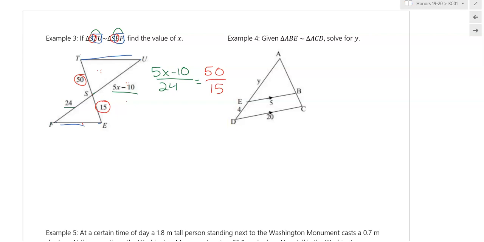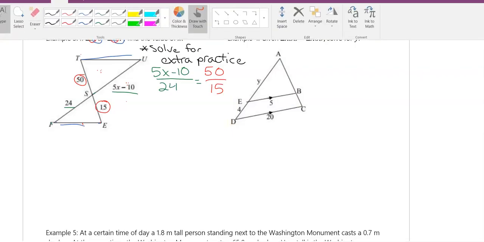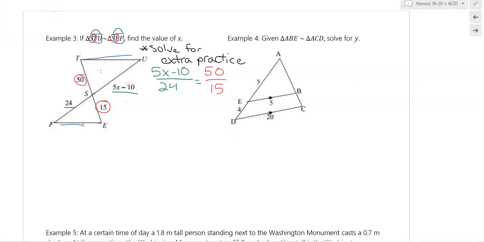I'm also going to tell you to try this one, solve for extra practice, if you feel like you need extra practice with just solving. And you should get an answer of x equals 18. So if you're still struggling with solving our proportions, go ahead and do that.